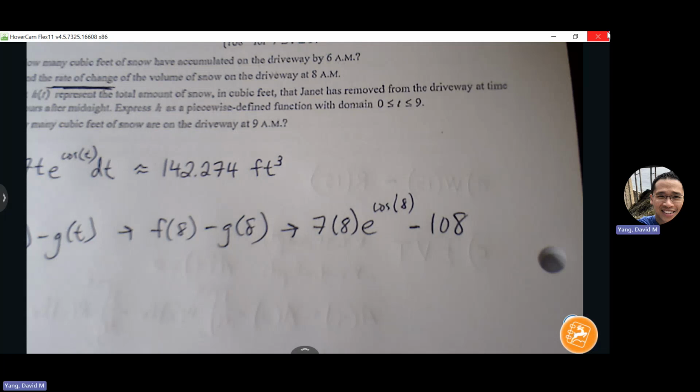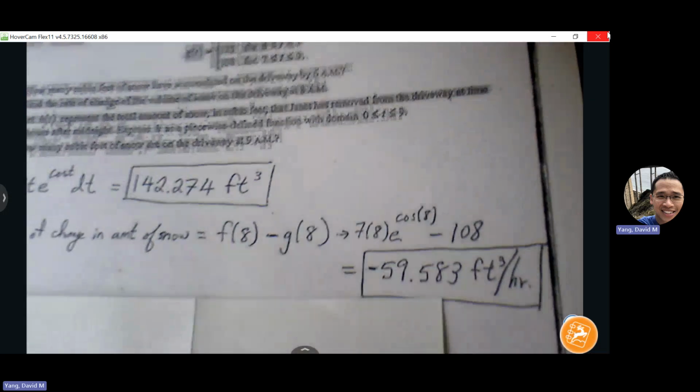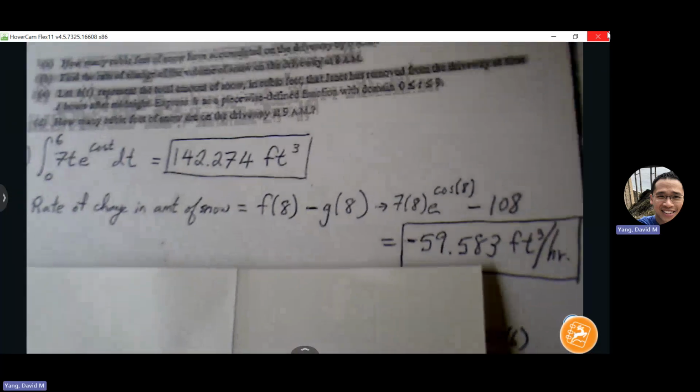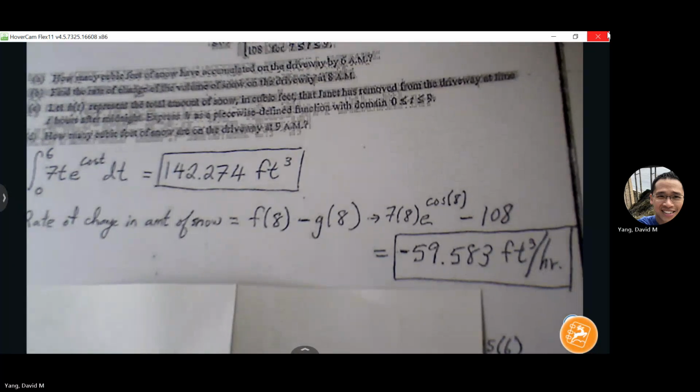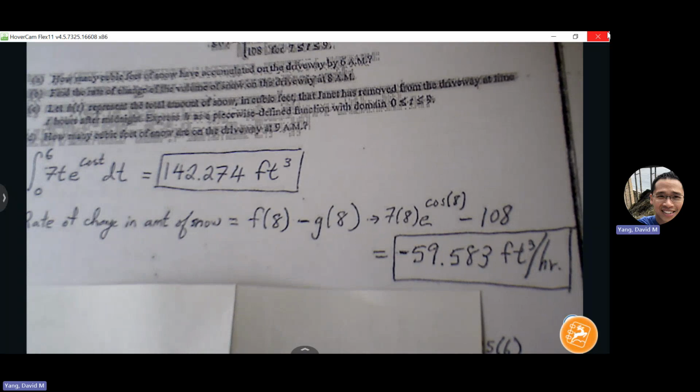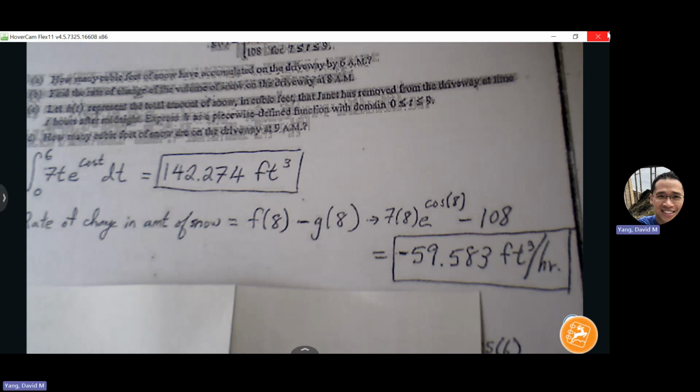That means Janet is making progress and more snow is actually coming off than being added. So yes, there's progress being made by Janet, right? She can see that at 8 a.m., the snow on the ground is being removed at 60 cubic feet per hour.